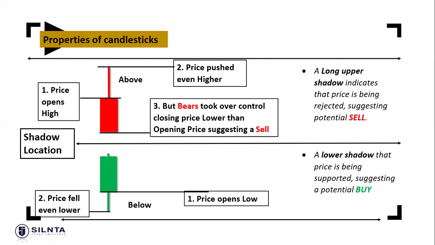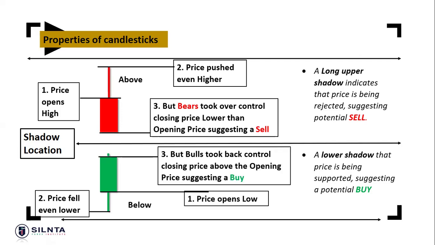We are going to push the price up. The buyers came in. Those are the bulls, né? Took back control, closing the price above the opening price, suggesting a buy. This is what suggests a buy, because in this case, the buyers came in to dominate. So when you see dominant, then that is a suggestion of a buy.